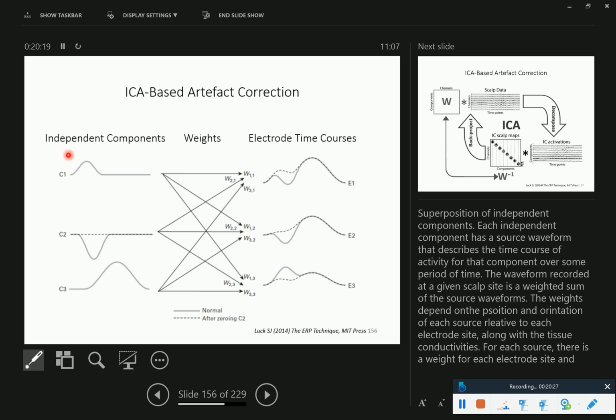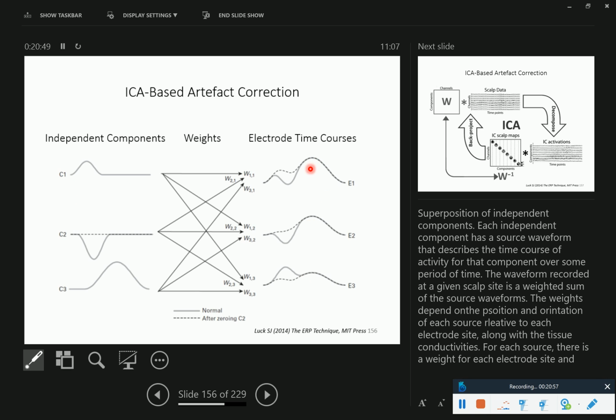And so there are these latent components, or independent components, that you don't directly observe and which need to be put together by a set of weights. So here you have weight 1,1, weight 1,2, and weight 1,3, which determines how much of the trace or the variation in C1 enters into the mix for E1, E2, and E3.